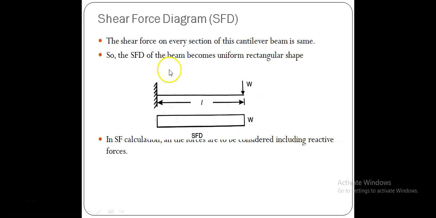Here a force W is acting at its right end, that is, at its free end, and therefore we have an equal and opposite force, an upward reaction, at the support, because the force at the free end is downward. Therefore left is upward, same W, and right down. Left up, right down, it is simply a positive shear force diagram, and it should be uniform.